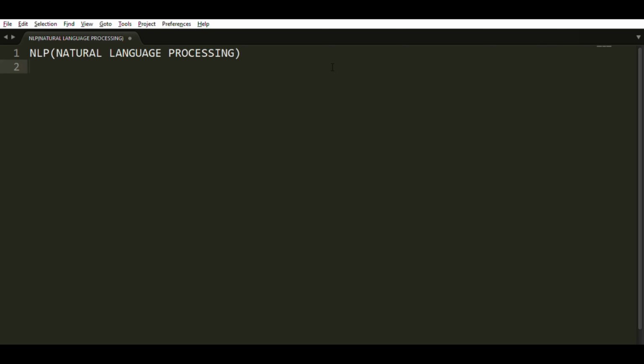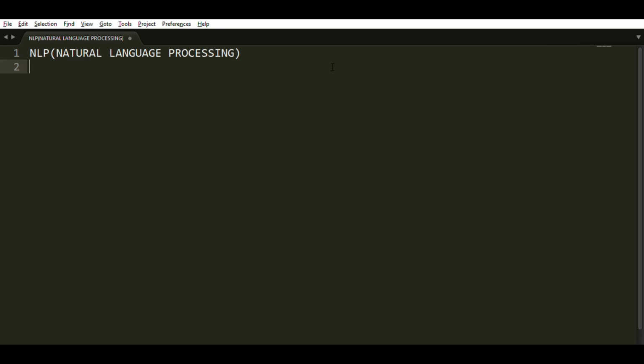Okay, let's learn a bit more about NLP, like why we need NLP. We need NLP to process information that is there, and for doing more challenging tasks. That is the main use of NLP.